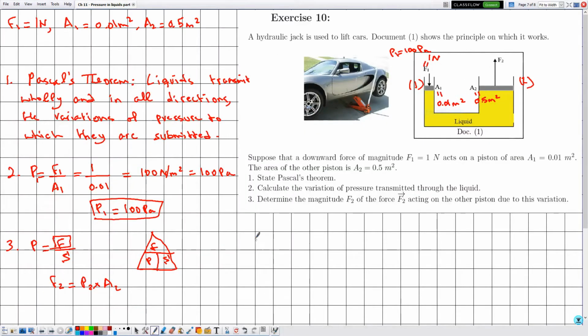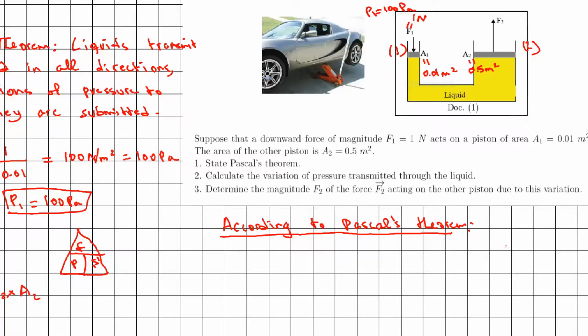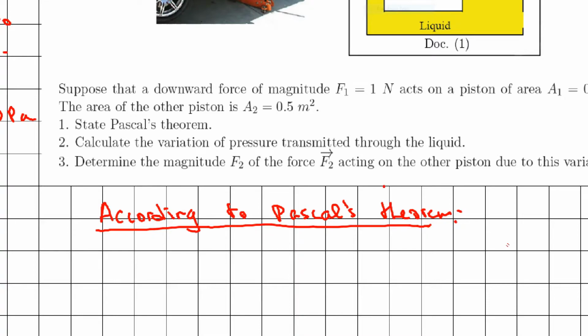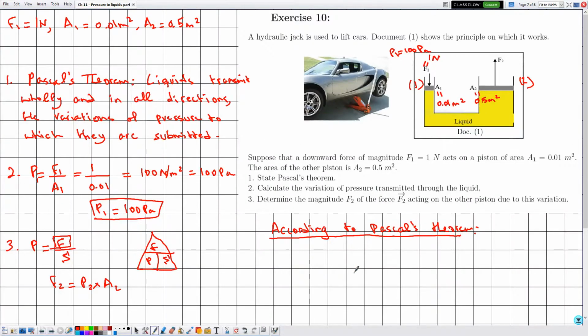So here, according to Pascal's theorem, we have that P1 is equal to P2. Always in physics we need to mention the theorem that we are using, so they give it half a mark. We know that the value of P1 is given by 100 Pascal, then the value of P2 is also 100 Pascal.